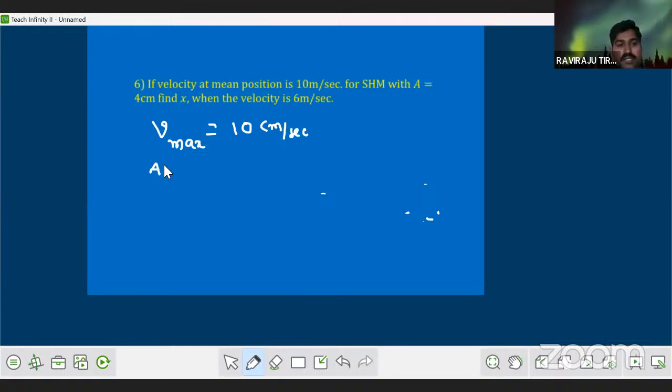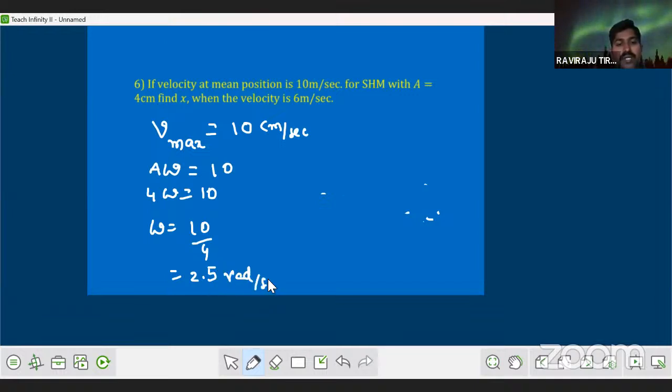Very good. Maximum velocity is A omega, which is 10. A is also given in centimeters, so 4 omega equal to 10. And omega will be how much then? 10 by 4, which is equal to 2.5 radian per second.